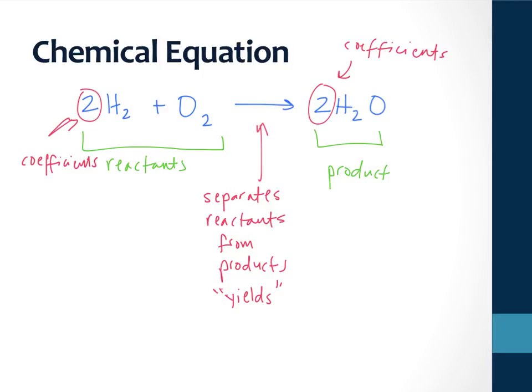So in this example we have 2 moles of H2 and 2 moles of H2O. Now if you notice for O2, there's no coefficient. That means that it's an understood 1. So you don't exactly have to show the 1 coefficient if there's only 1. It's understood to be there. So that's essentially the parts of a chemical equation.